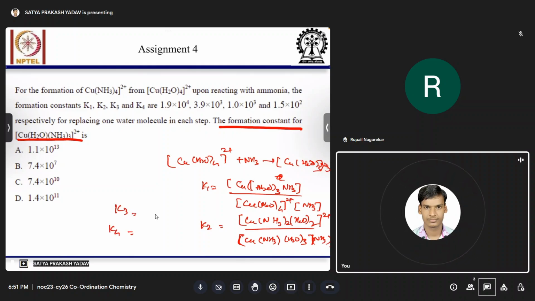Now, how can we form this [Cu(NH3)3(H2O)]? So this will be how we can get it from [Cu(NH3)4] plus 1 water molecule.